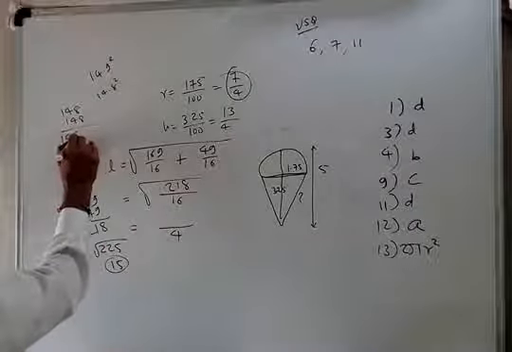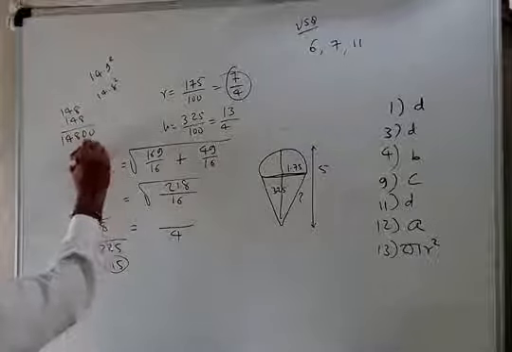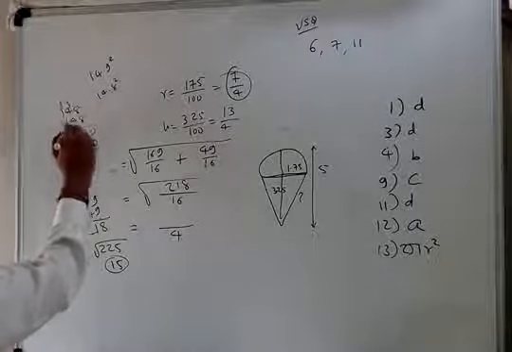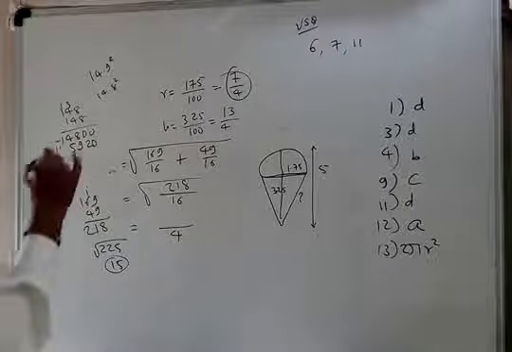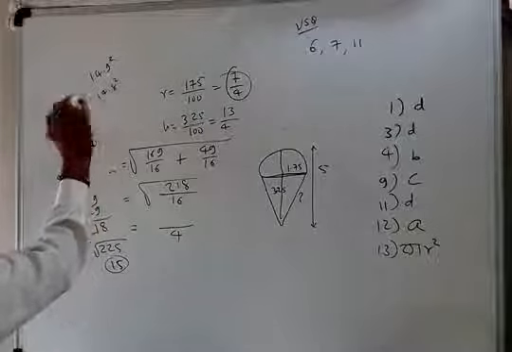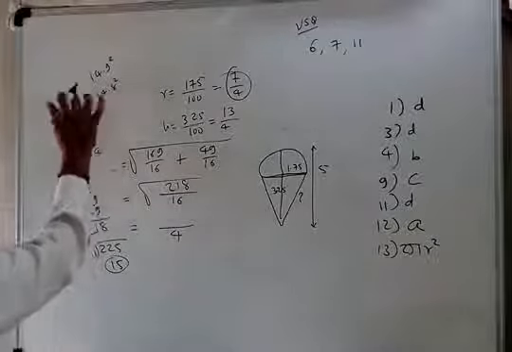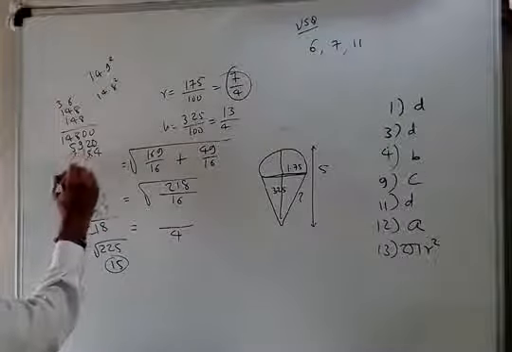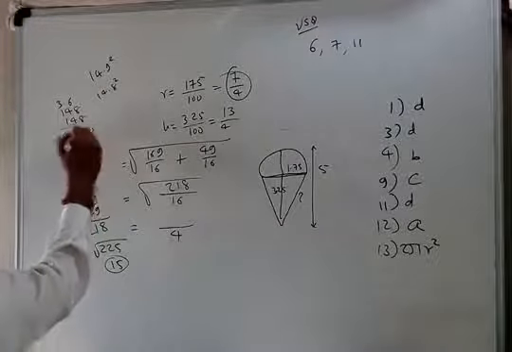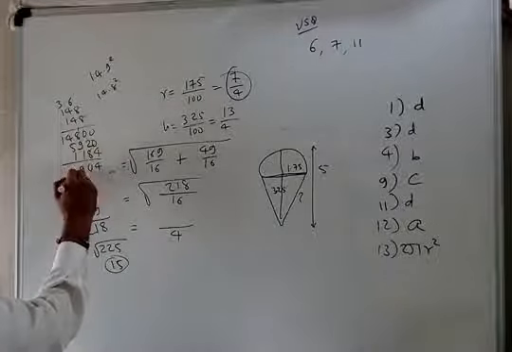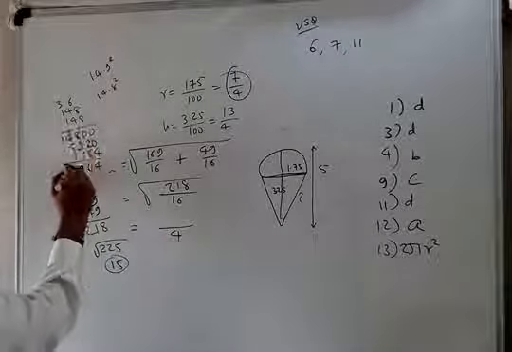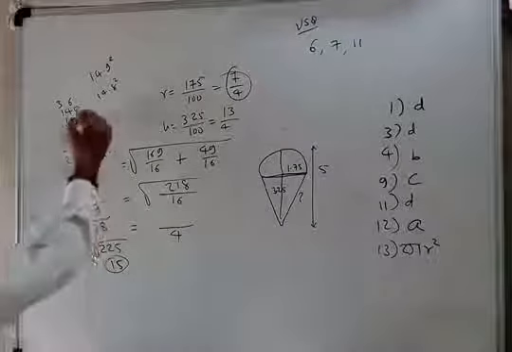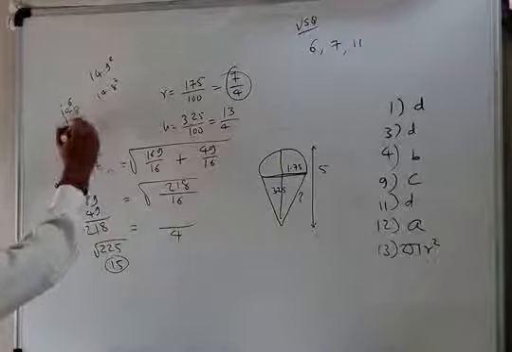So 148 into 148 gives 21904, actually 14.8 into 14.8 is 219.04.